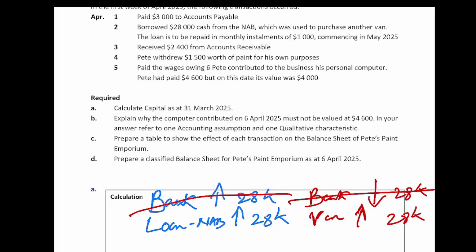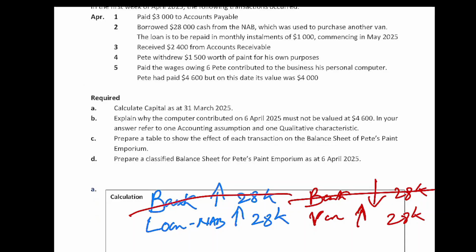Now I can fix it. What would you do basically? Basically the net impact. So then what you can do is you can cross this one out. Right? Good.